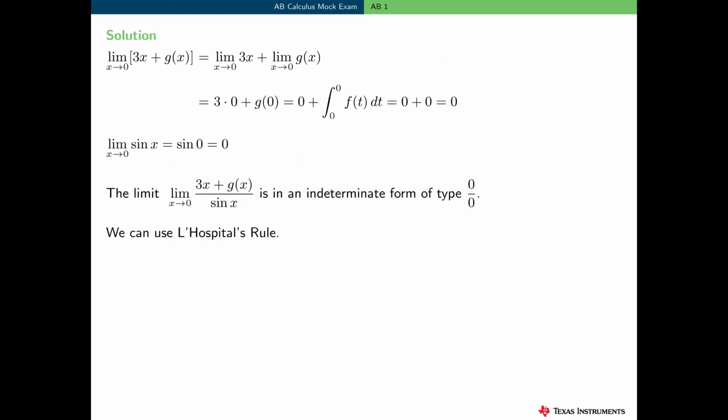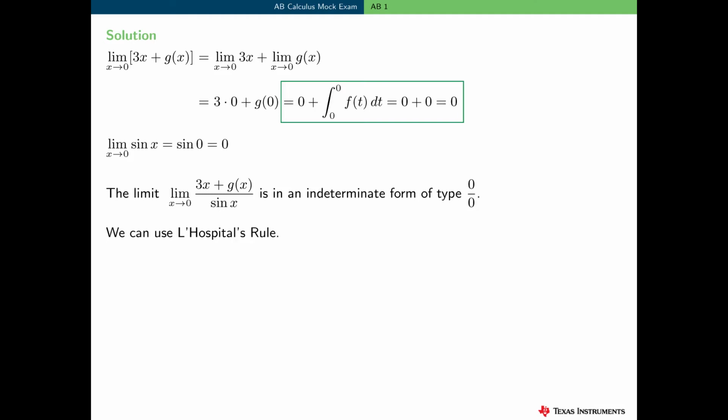To solve this limit, the first thing we'll do is examine the limit of the numerator and the denominator separately. To find the limit of the numerator, I can split this into 2 separate limits. Each of these functions is continuous, so the limit here is 3 times 0 plus g(0). But g(0) is by definition this definite integral, which is 0.